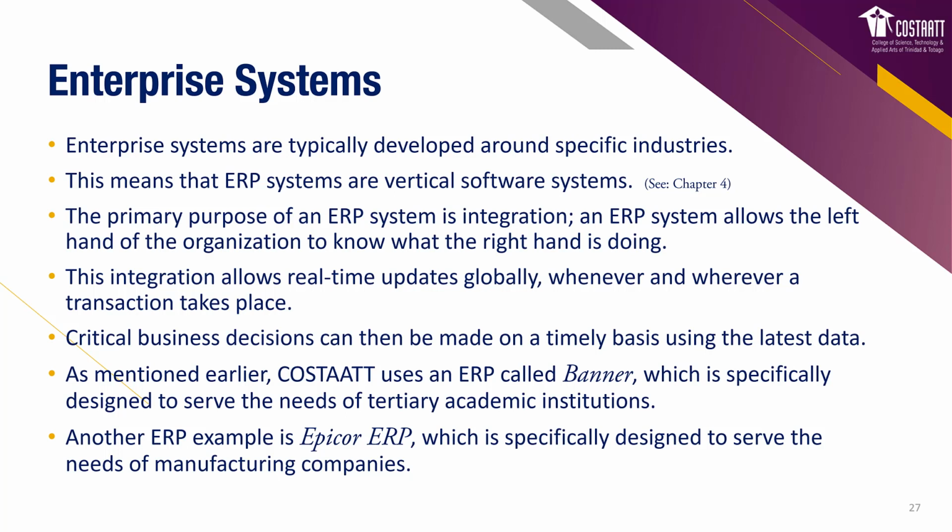The Port of Spain General Hospital has no use for Banner, even if they have in-house training. Banner is designed specifically for tertiary level academia. Another ERP example is Epicor ERP, which is specifically designed to serve the needs of manufacturing companies. You get the idea.